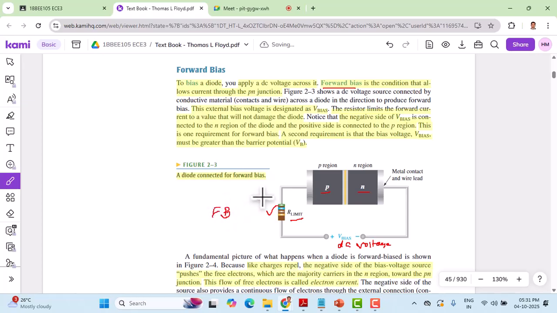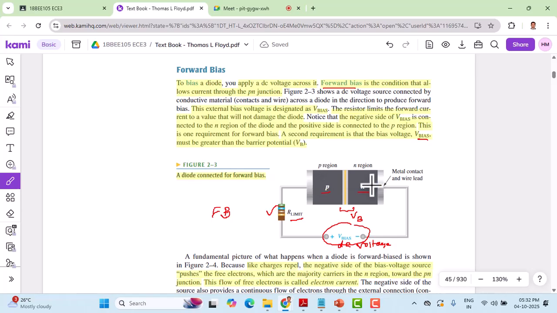The second requirement concerns the voltage we apply here, the bias voltage. The question is, what should be the magnitude of this voltage? It must be great enough to overcome the barrier potential, which we call VB, as we already said in the beginning.